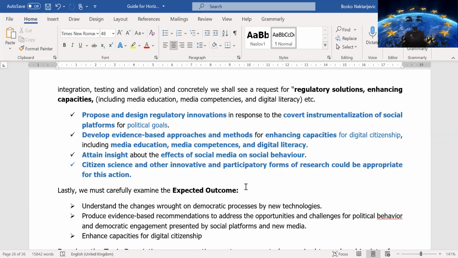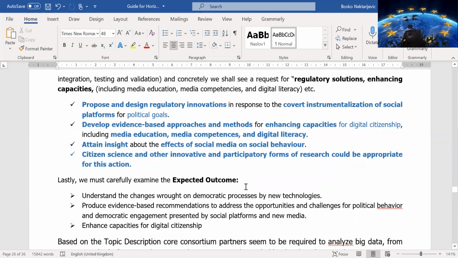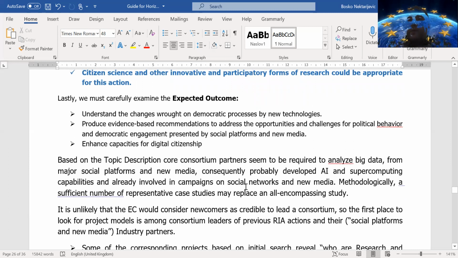Develop evidence-based approaches and methods for enhancing capacities for digital citizenship, including media education, media competencies, and digital literacy. Attain insight about the effects of social media on social behavior. Citizens' science and other innovative and participatory forms of research could be appropriate for this action. And lastly, of course, you must consider the expected outcomes of the proposal and project. Understand the changes, and so on and so on.